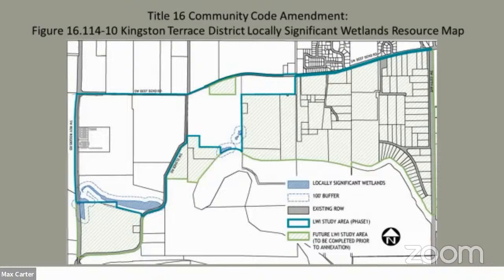Yeah, so this would be the map that's essentially adopted as a function of code. And along with that, you would see those 100-foot buffers of those wetlands. Along with the code language, we just have a small code amendment that would allow you to quit doing a wetland delineation if you're outside of the buffer area.